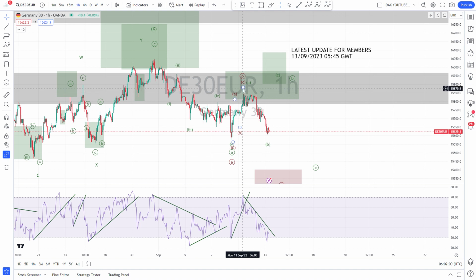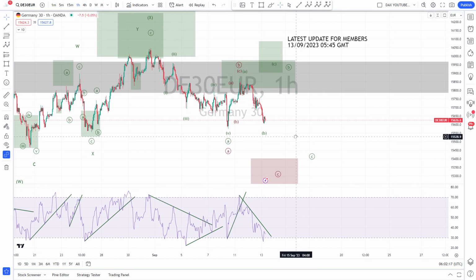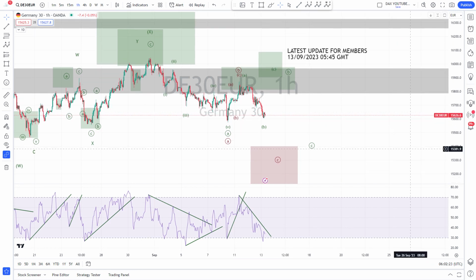Now, we also here in RSI have the pattern that we should have, like we end here without divergence. So this is 3 waves and not 5. And so if this is the case, then we also know our target here.